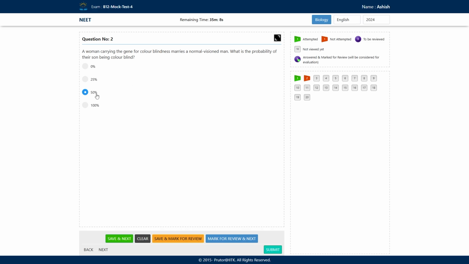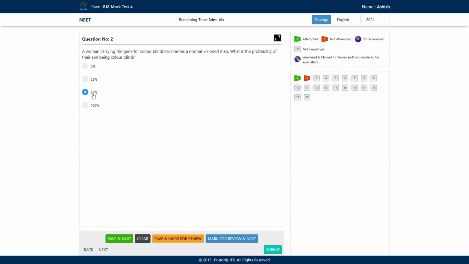That's why there is a 50% chance of the son being colorblind. Okay, clear? So you can make the gametes and then make a Punnett square. So the probability of the son being colorblind will be 50%. One son will be normal, another son will be colorblind.